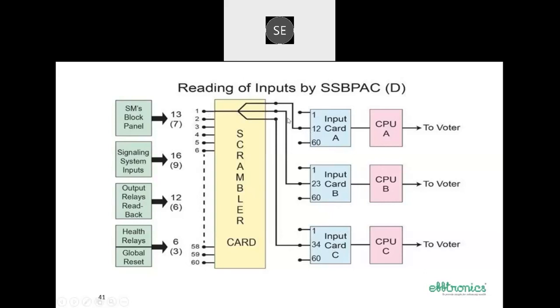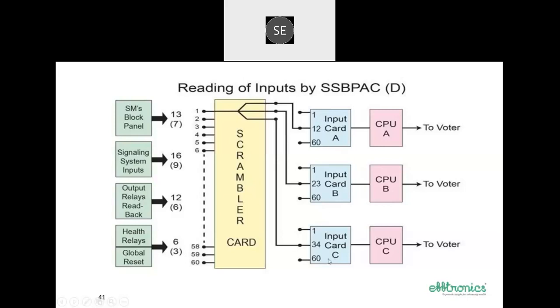So we are just jumbling the inputs here. The same input is applied at different places in the 3 cards. Similarly, input number 2 is divided into 3, and applied at 3 different places or different numbers in the 3 input cards.